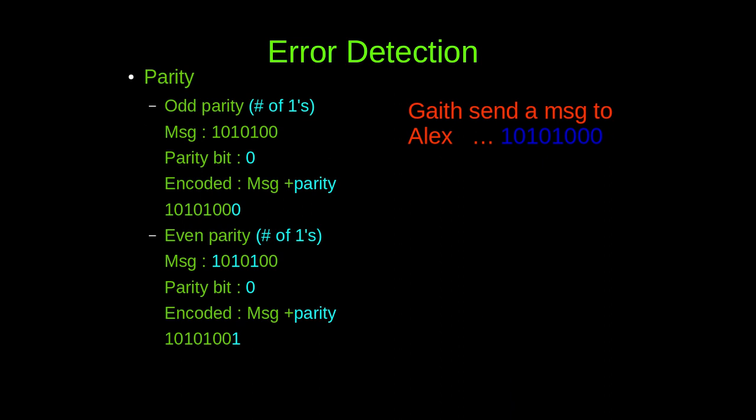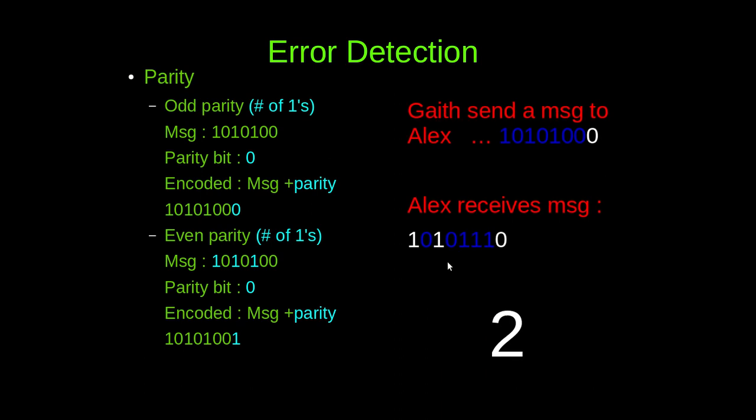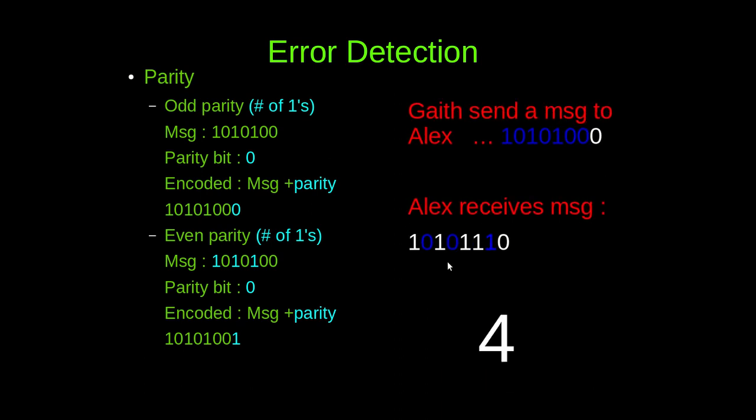Here's another scenario where Gaith sends a message to Alex, and Alex receives this message. I have what? 2, 3, 5. I have 5 ones, and sorry about that, guys. This here is an error.